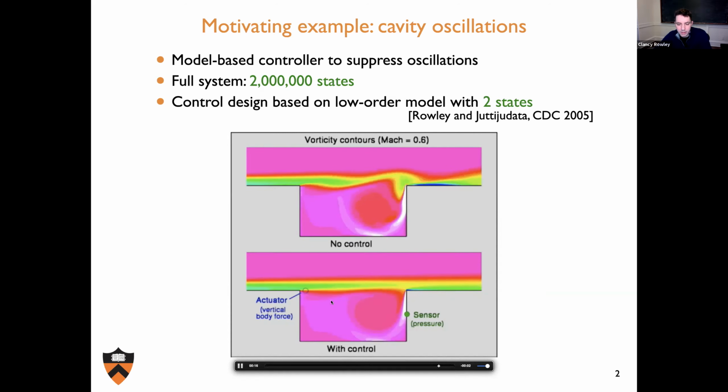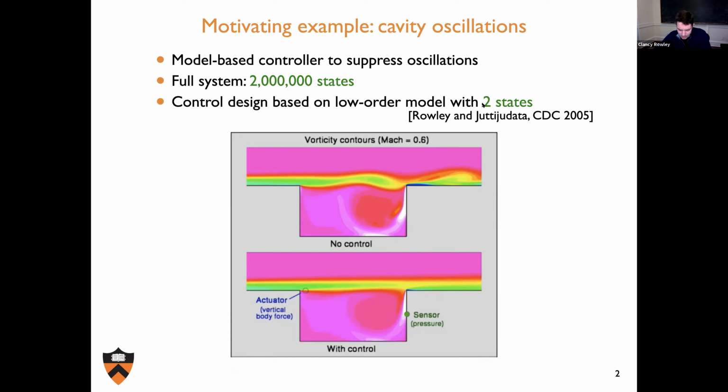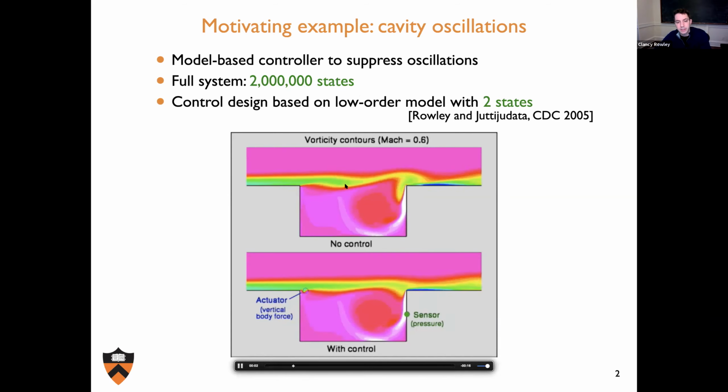When you first see this, you might think, wow, that's amazing. 2 million states down to 2 states. How in the world is that possible, to get anything useful with only 2 states? But when you look at it a second time, you think, well, actually, that's not so surprising at all, because when you look at the movie, the main feature you see is oscillation, right? This is flapping up and down. And oscillations, we know, can be modeled very easily with 2 states, like a pendulum.